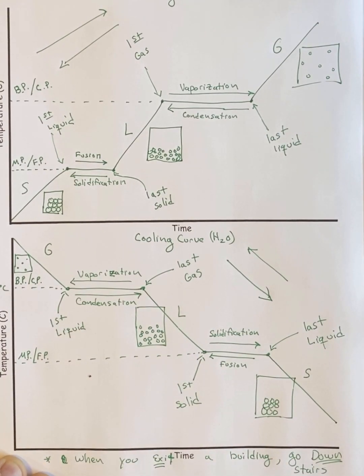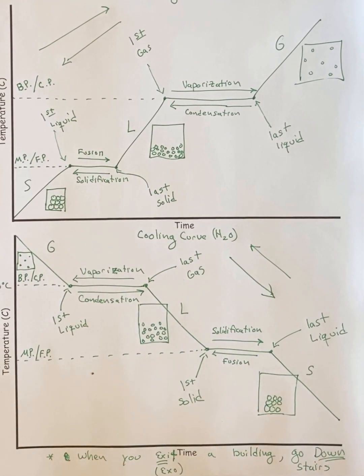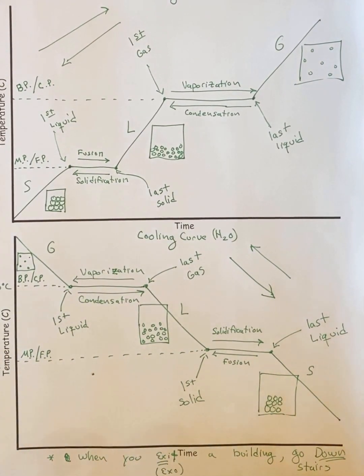When you exit a building, you go downstairs. Now, obviously, it's not always true. If you're in the basement, you're going to go upstairs, but it's a generalization, and it's really just a device for remembering which direction is exothermic.